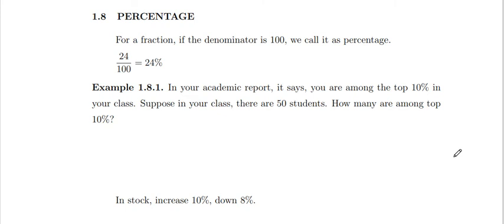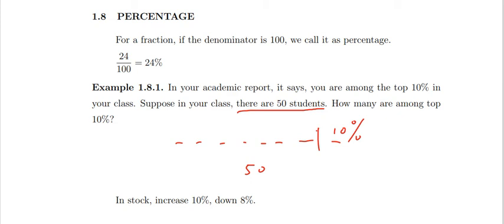So now let's suppose in this class we have 50 students. Then we say we cut off the top 10%. How many are those top 10%? So 10% of 50, how many?